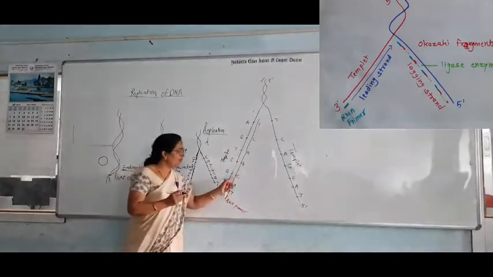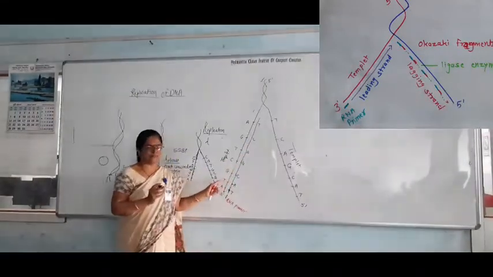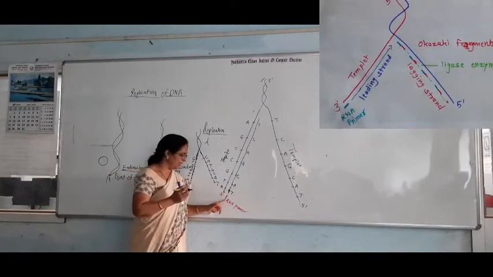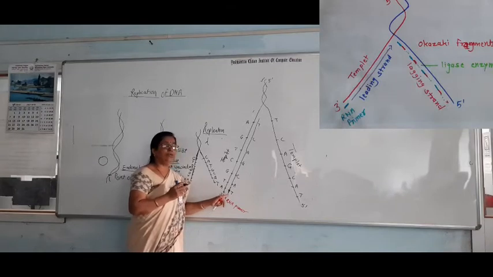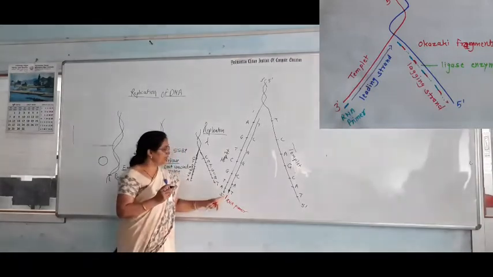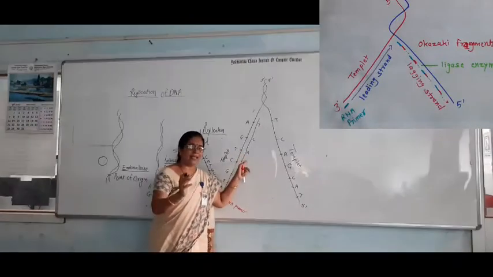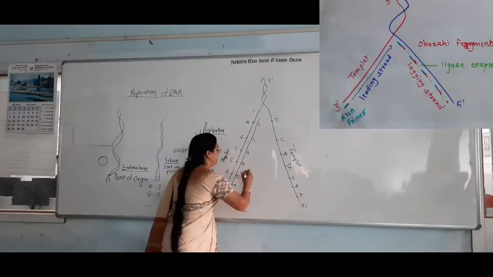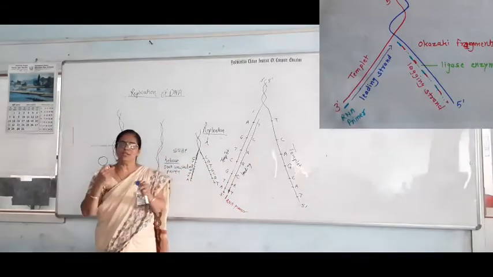The process of formation of the new strand is continuous and fast because the complementary nucleotides attract towards the RNA primer continuously and fast. That's why the newly produced strand on this template is called the leading strand. Why is it called leading? Because the nucleotides attract continuously and fast.